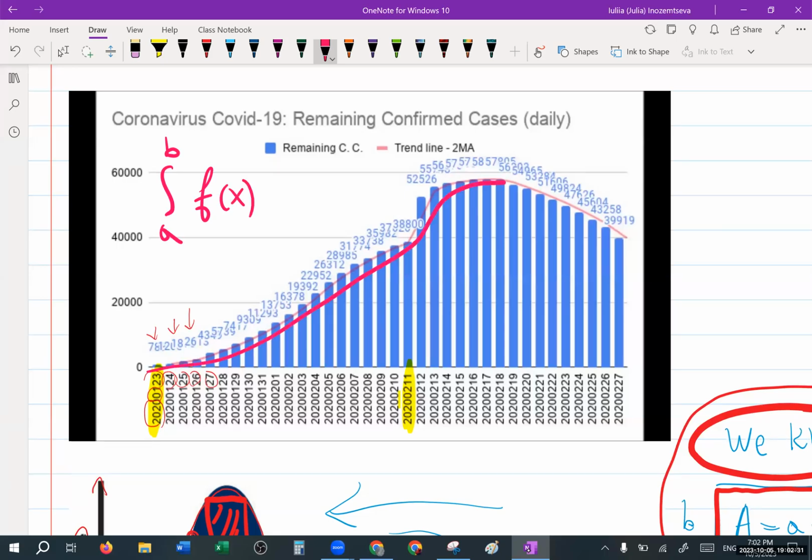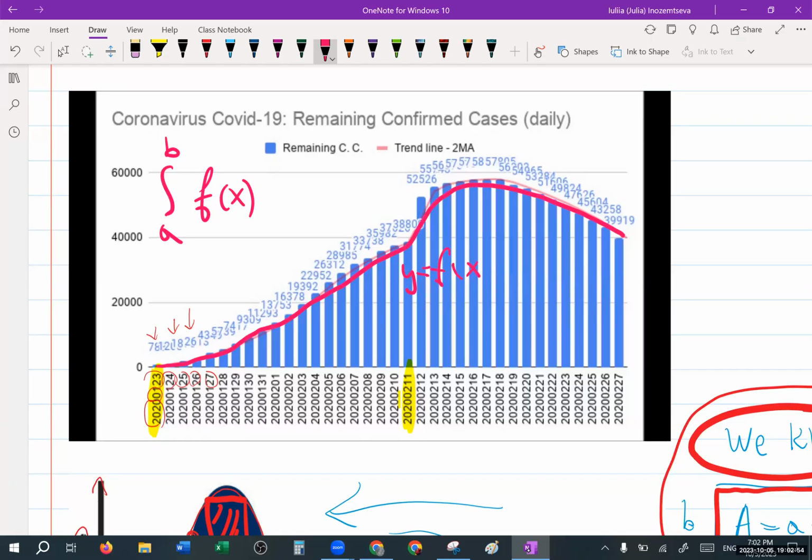And f of x is here. Do you know how people do it? You just learn left, midpoint, right, and so on. You see what they're doing? They're actually using those bars. Those bars are the number of people, but they can also be used to approximate the area below the graph using midpoints and so on. So what people do is data fitting. They're fitting the data. That's a statistical method. Now there's the graph of the function y equals f of x.